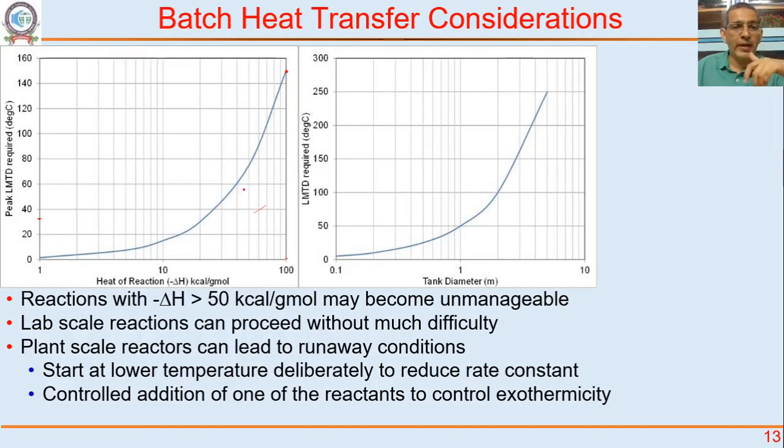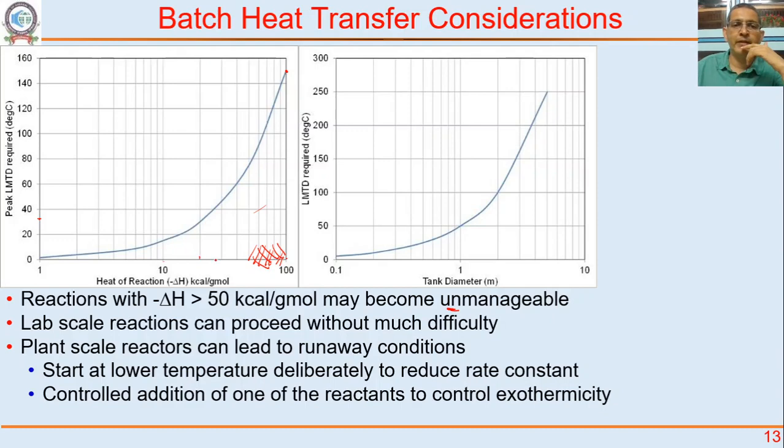If we try to operate these kinds of reactions with this high delta H, obviously the heat removal rate is going to be smaller than the heat generation rate. Reactor temperature is going to rise, and therefore it may lead to runaway conditions, become unmanageable.